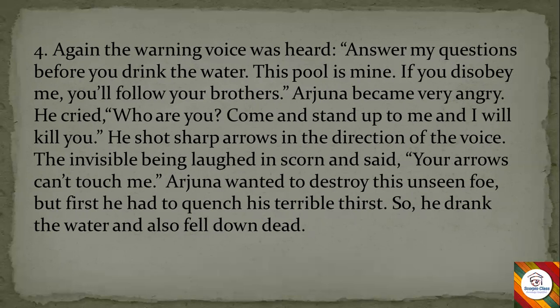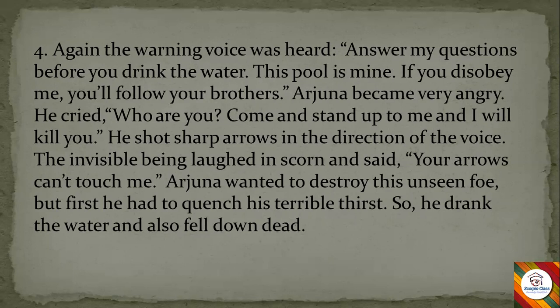So what happened here? Even Arjuna heard the same voice and had to answer its questions. He got very angry and said, who are you? Just come and stand in front of me. I'll kill you. He started aiming arrows in the direction from where he heard the voice. The voice laughed and said loudly that your arrows cannot touch me.